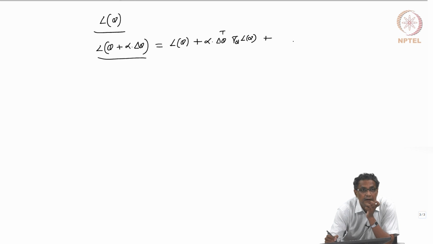The third term, you are doing a Taylor's expansion. Alpha is a scalar, so no problem: alpha square by 2 factorial.